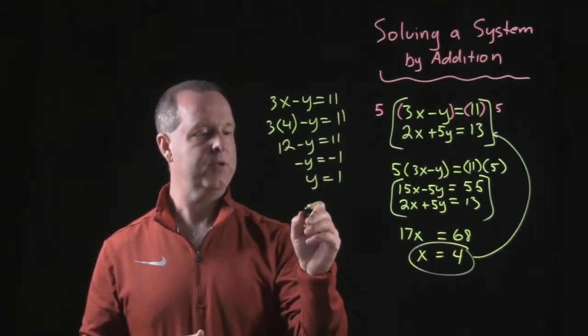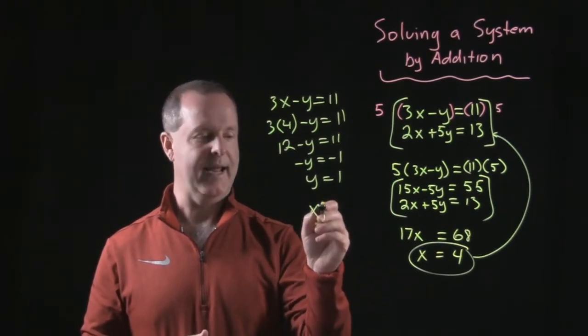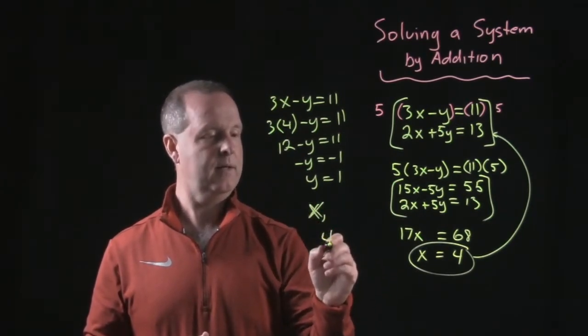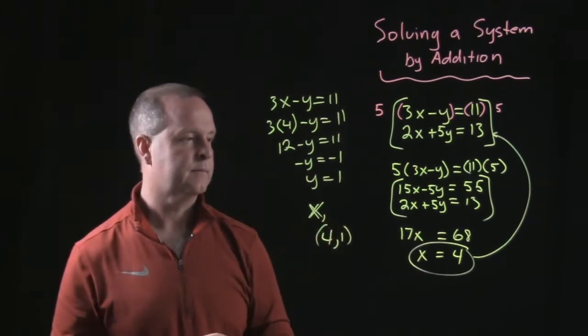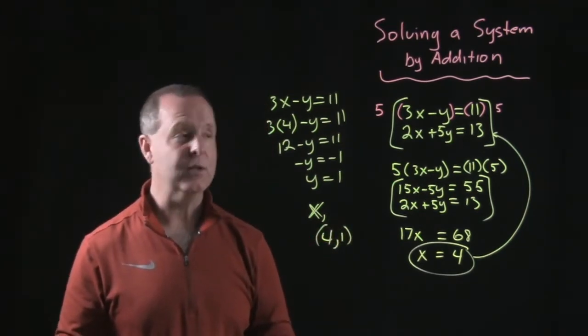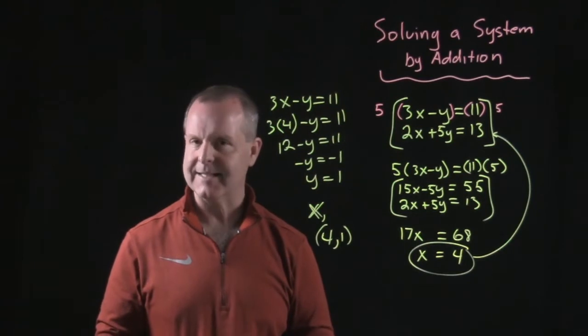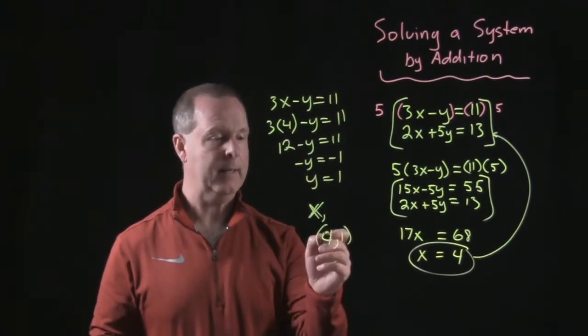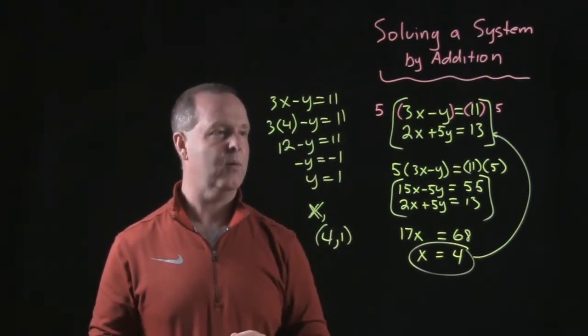And I have the solution, not x again, of (4, 1). So this system has a solution. We're going to call that a consistent system, meaning that there's a solution there.